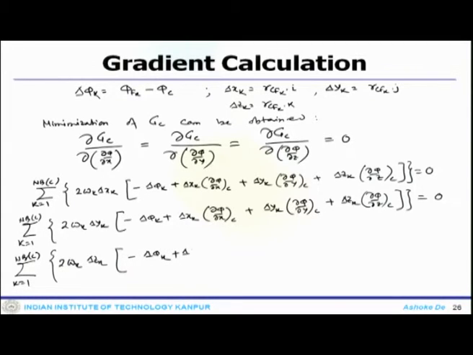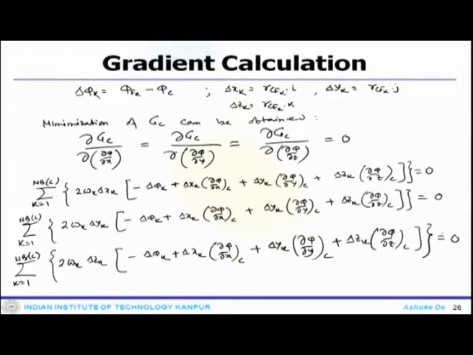One can take the derivative of the previous expression and can obtain all these conditions. So, from here you get all these three conditions.